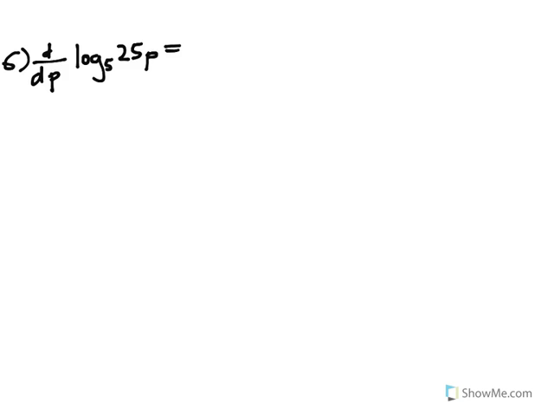So first things first, hopefully you remember the change of base formula, where if you have log base b of a, this is the same thing as log base c of a divided by log base c of b.